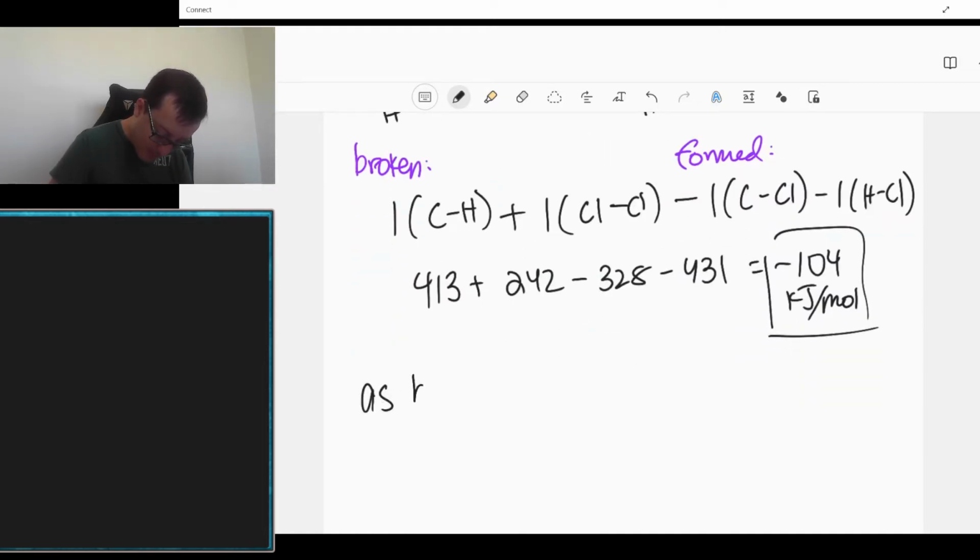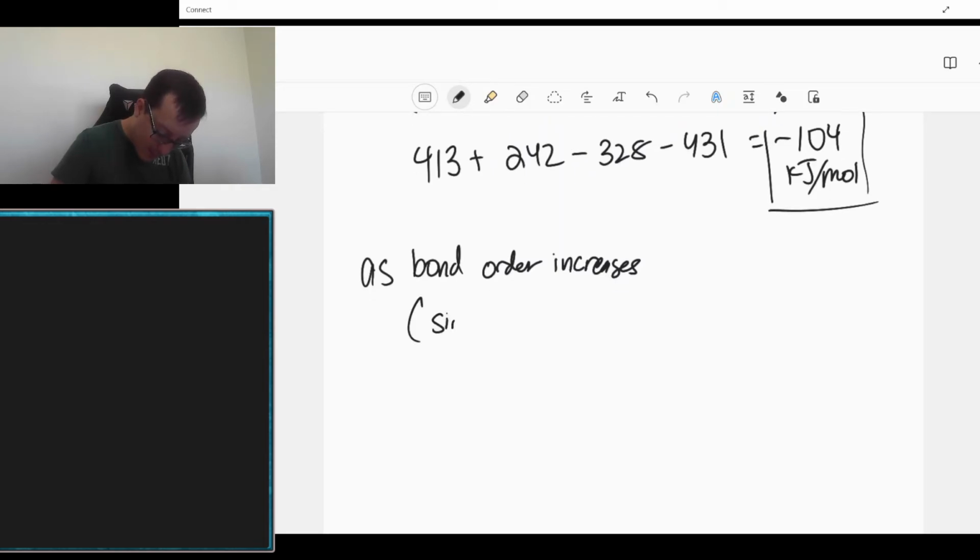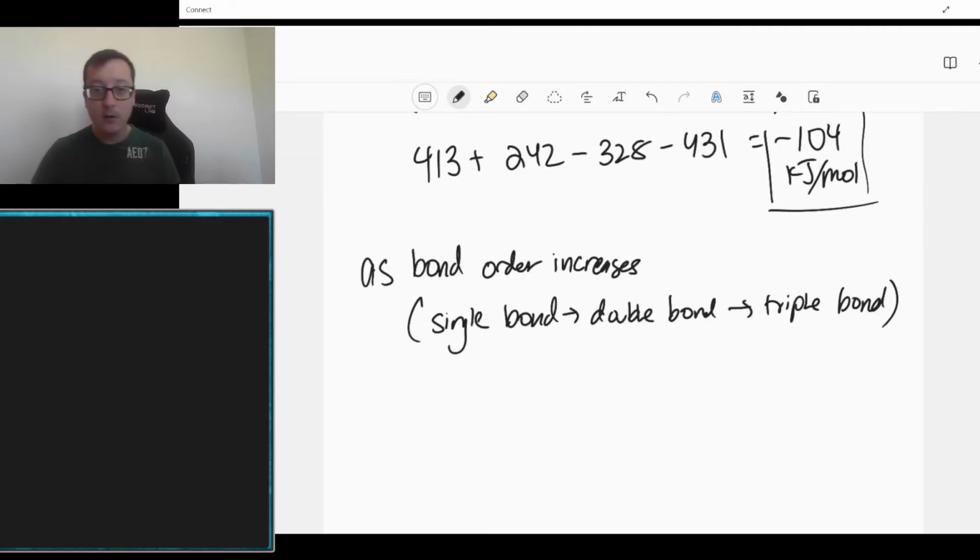Which is that as bond order increases, that means we're going from a single bond to a double bond to a triple bond. That's a bond order.